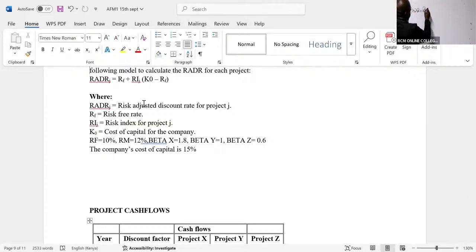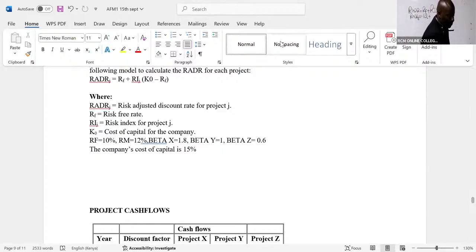The RADR in this case is risk-free plus risk index times cost of capital minus risk-free. Remember, the risk-free doesn't fluctuate. Risk-free is always constant, and it has been given by the examiner as 10%, plus the risk index for Z. Risk index is the same as beta. Beta for Z is 0.6.